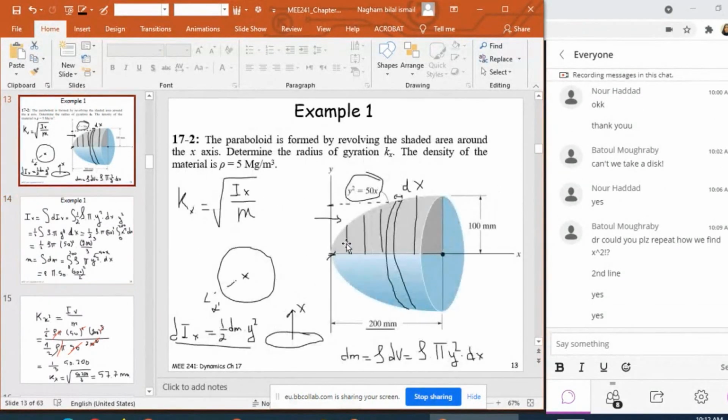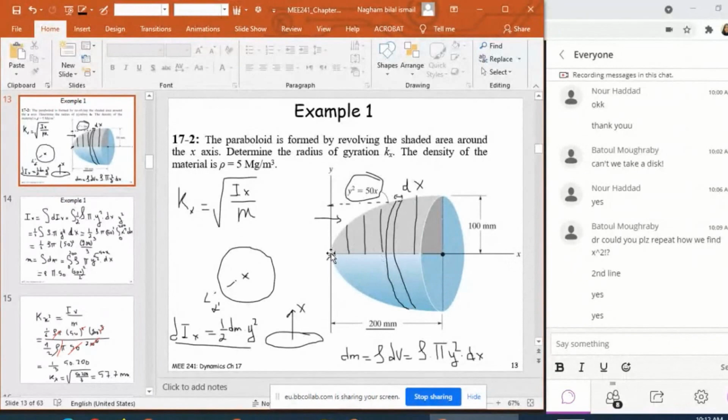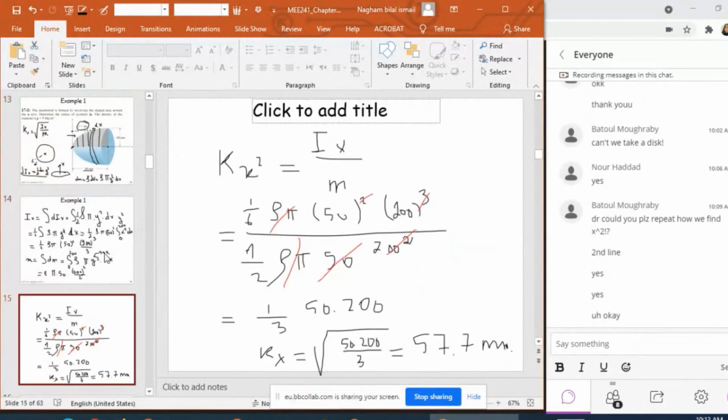All right. You can see here from this figure that this is x. X is going from 0, the origin, till 200. It's given in the figure. Okay? All right. Guys, any other question?